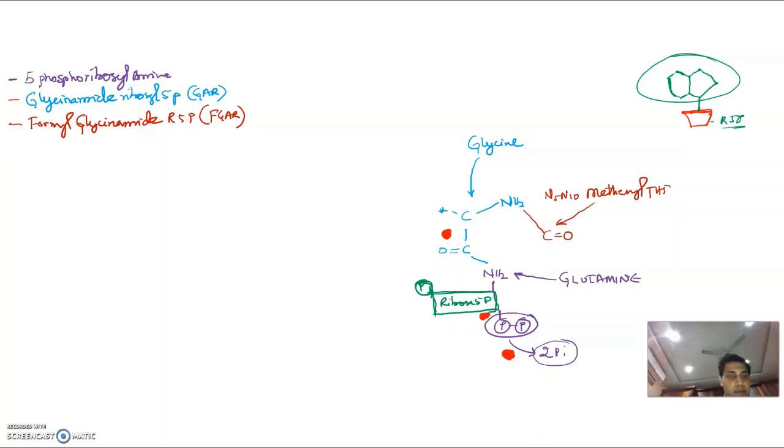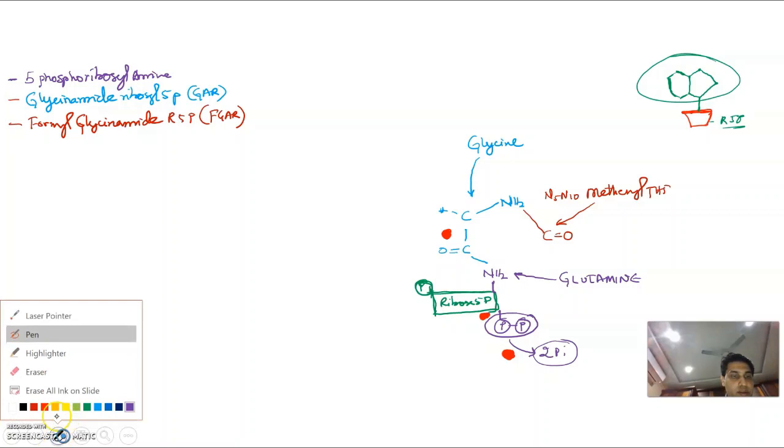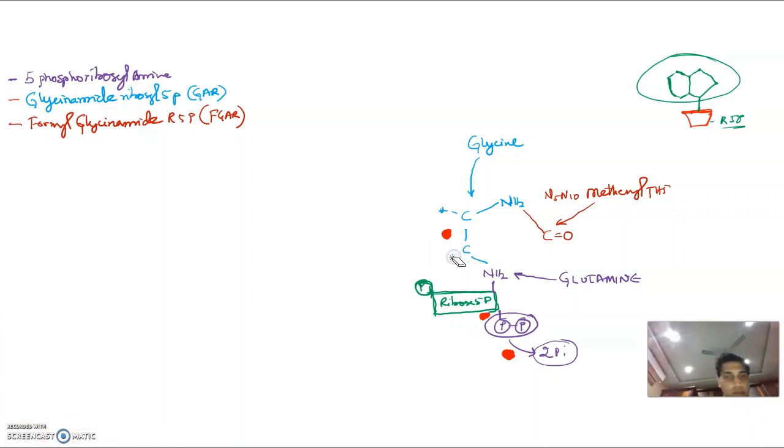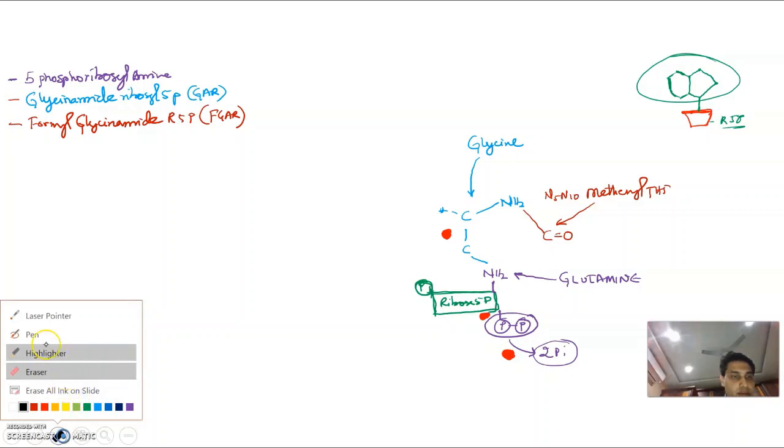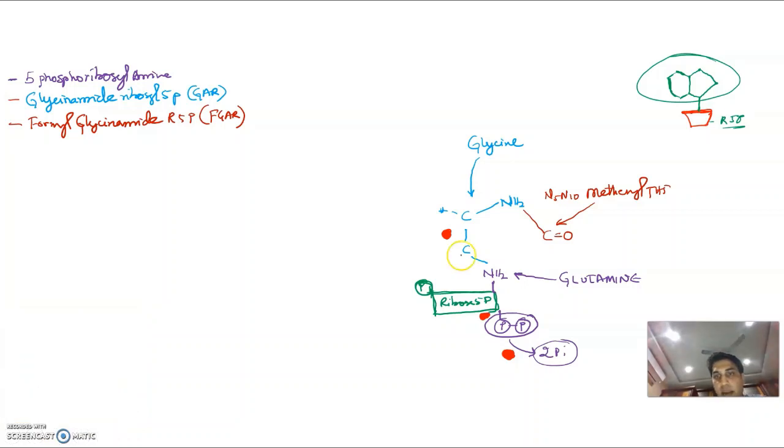In the next step, another glutamine molecule will add another amino group. Glutamine gives the amino group and forms glutamate, and this step also requires an ATP.